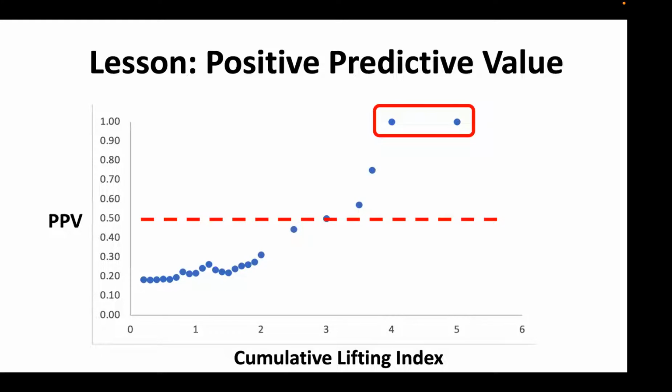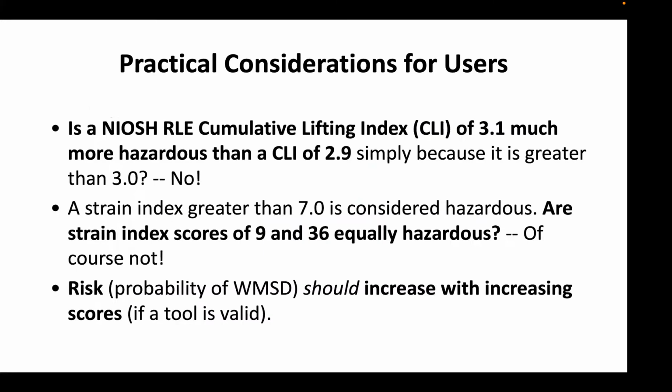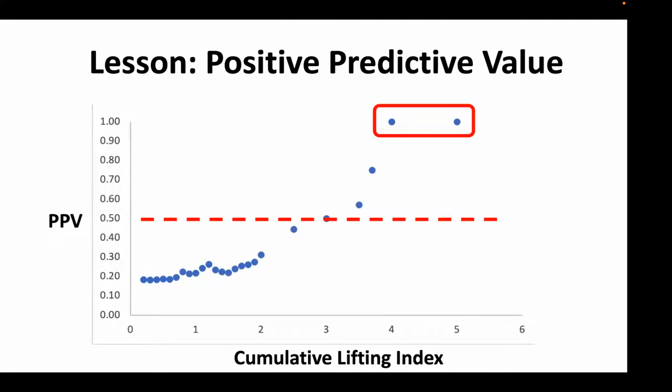So what we're saying with this, on the next slide, is that the cumulative lifting index of 3.1 and 2.9, if 3 is our cut point, how much more hazardous is it? Well, they're really very similar. If we look at our graph, we can see that if it's about 50% at 3, it's going to be slightly over 50 and slightly under 50 if we're close to that.